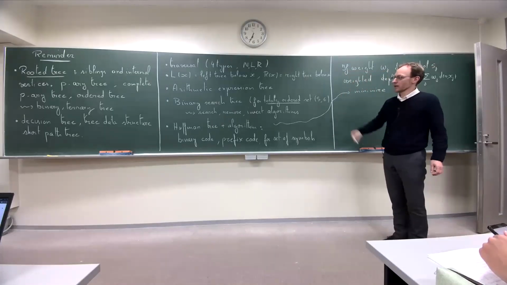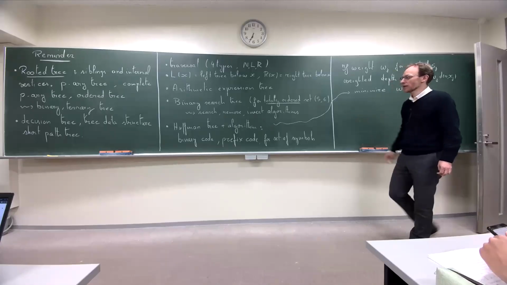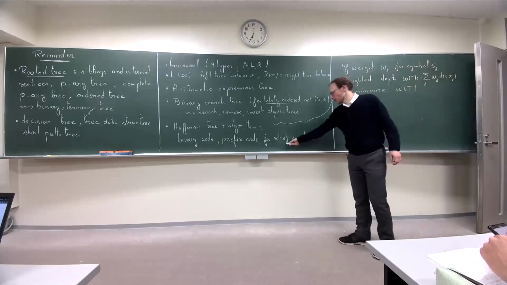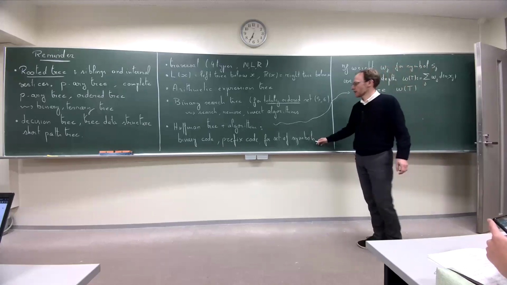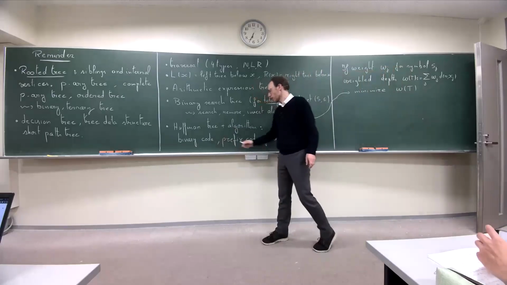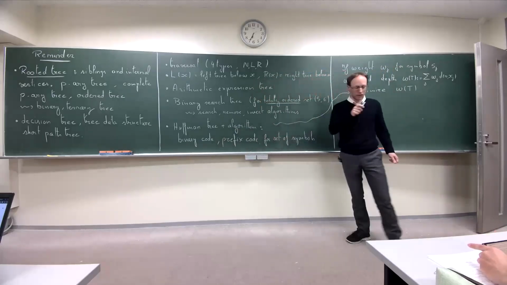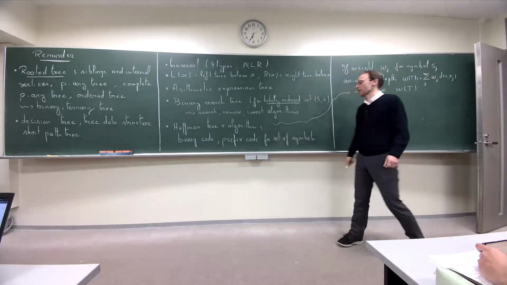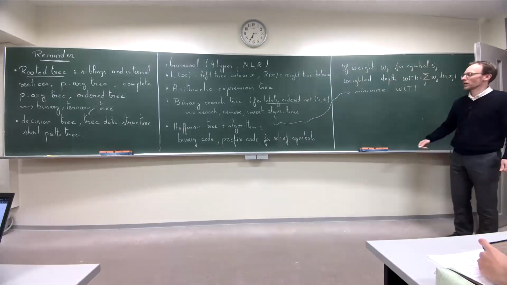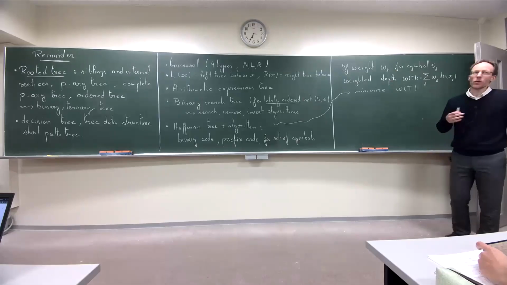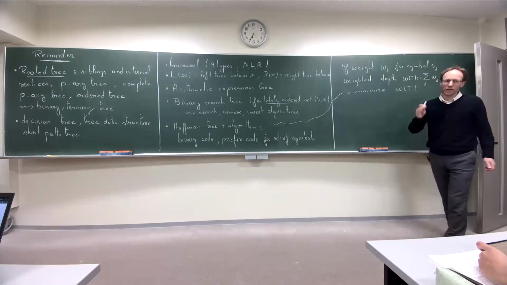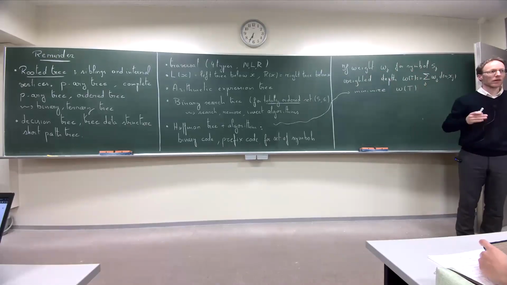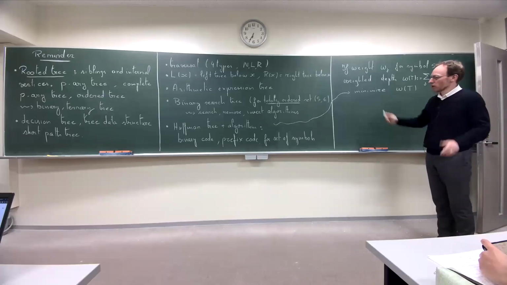And finally, I introduced this Huffman tree and Huffman algorithm. It's one way to, if you have a set of symbols, let's say an alphabet, assign to each letter a binary code or a prefix code. It's a sequence of 0 and 1. And there is a small difference between binary code and prefix code. You can always do it, but now you want to do it efficiently. So if each letter has a certain weight, for example, a frequency of appearance, you want to minimize the number of bits you need for encoding a text.